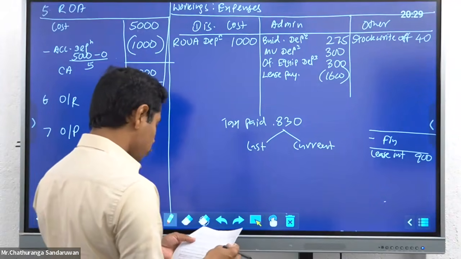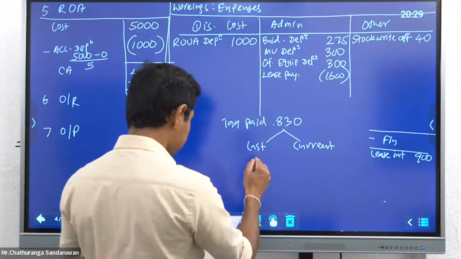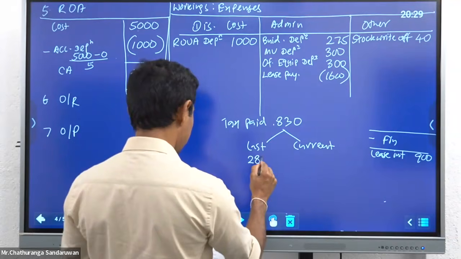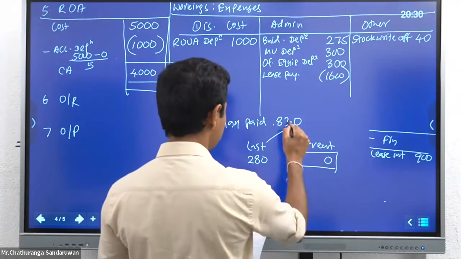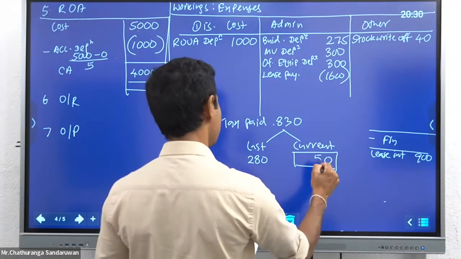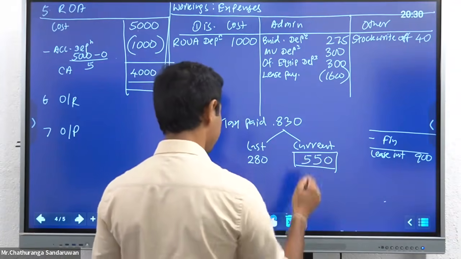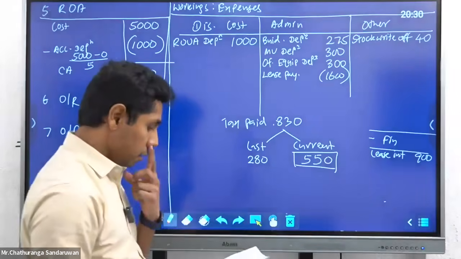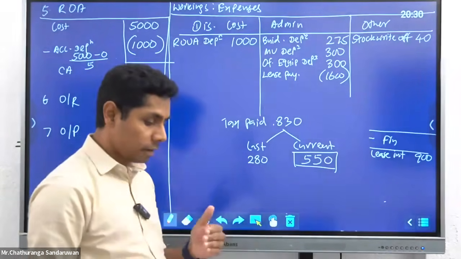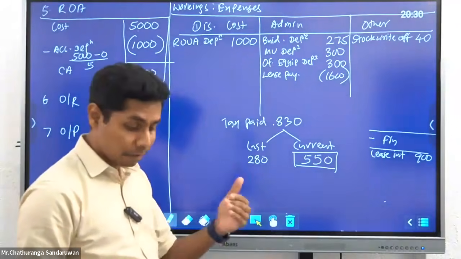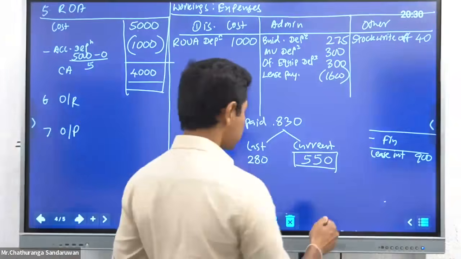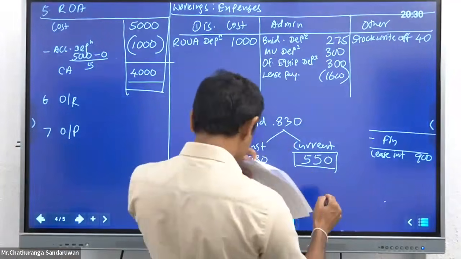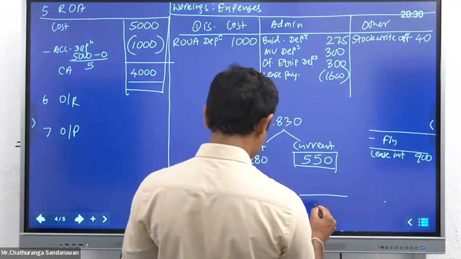Last year payment is 280. Therefore, the balancing figure is for the current year. The total income tax liability for the year ended 31st March 2026, the current financial year, has been estimated at 920. So here you see the total is 920.